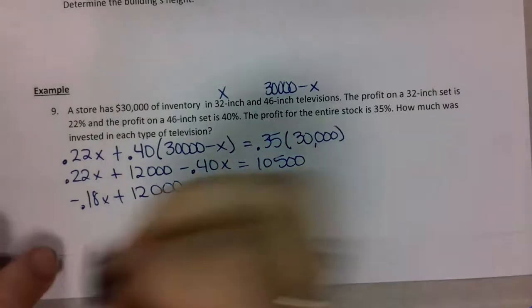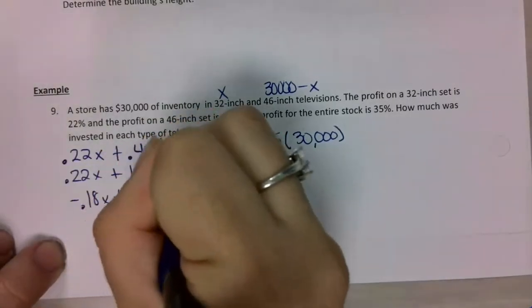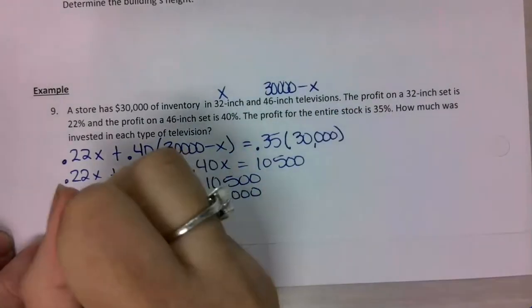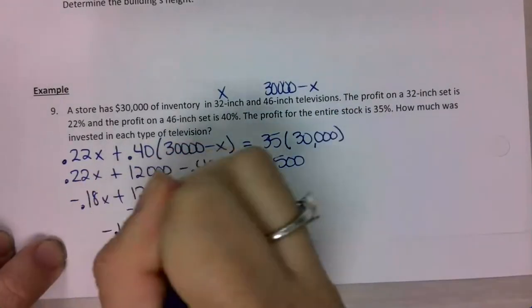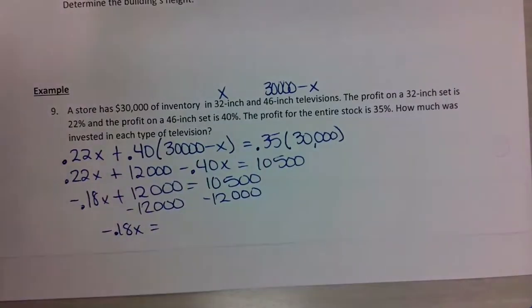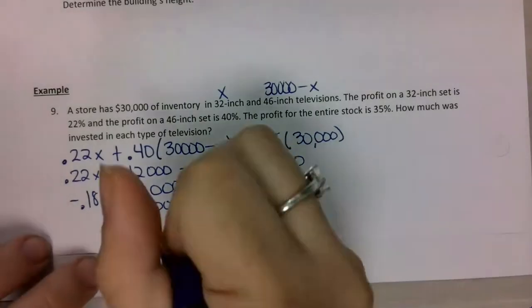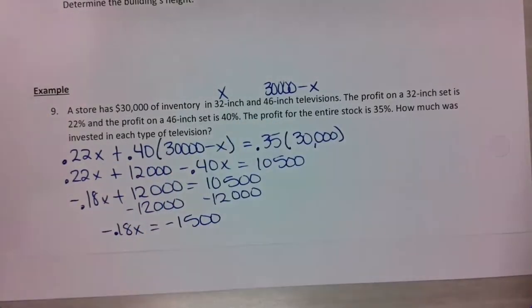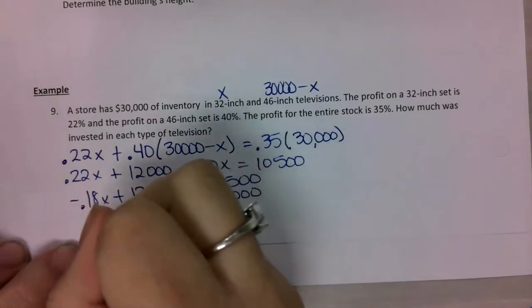So then I want to subtract 12,000 from both sides. What is 10,500 minus 12,000? And then I want to go ahead and divide by that negative 0.18.